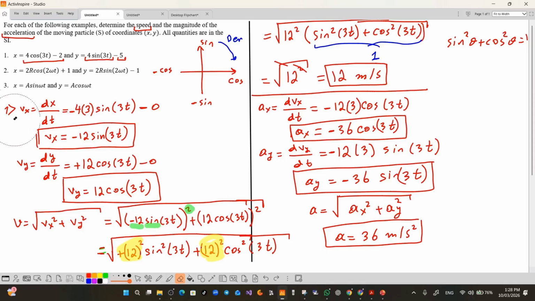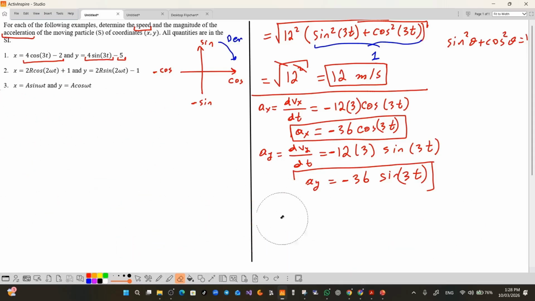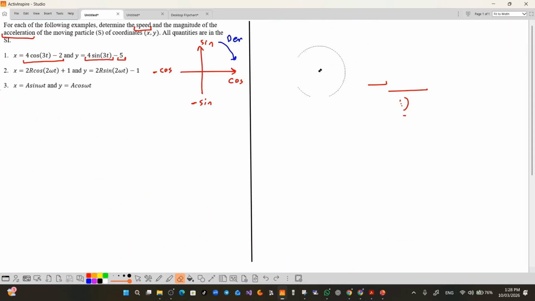Now for the second question, x is equal to 2r cosine 2 omega t plus 1. We first find the Vx, which is dx over dt. Now, what is the derivative of 2r cosine? We don't need to change the coefficient, we just keep it the same.